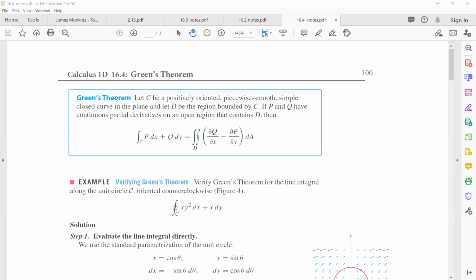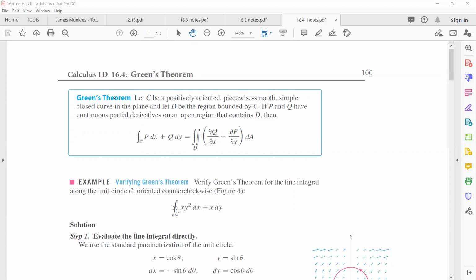Let C be a positively oriented, piecewise smooth, simple closed curve in the plane, and let D be the region bounded by C. If P and Q have continuous partial derivatives on an open region that contains D, then the line integral of P dx plus Q dy is equal to the double integral of the partial derivative of Q with respect to x minus the partial derivative of P with respect to y.